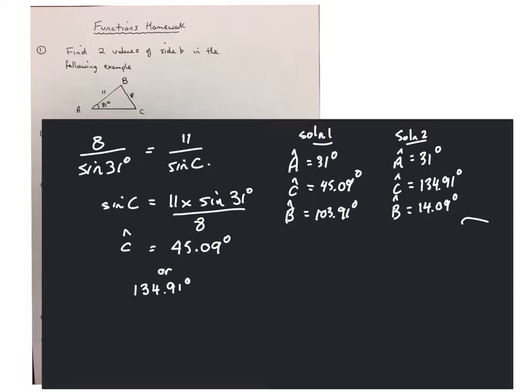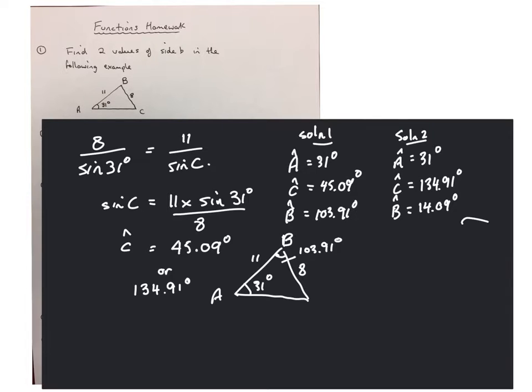So we do have two triangles. This is one triangle, A 31 degrees, 8, 11, and this angle up here is 103.91.